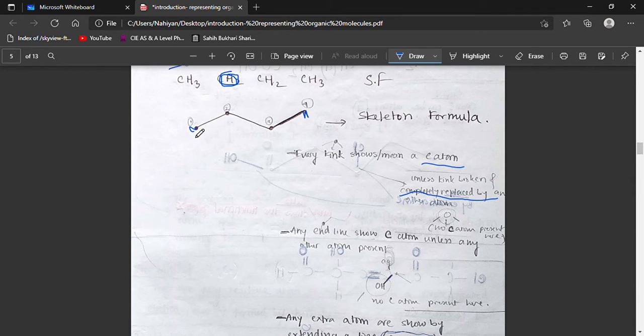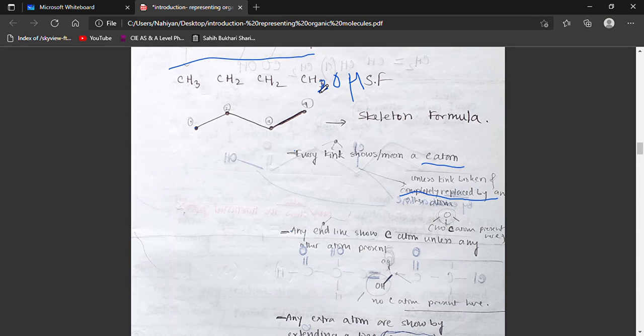For instance, let's say we put an OH here, so that it becomes an alcohol, with one less H and an OH bonded. If you put an OH at the beginning, this end doesn't contain any carbon.